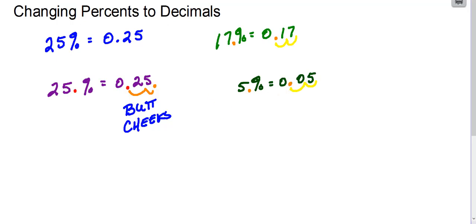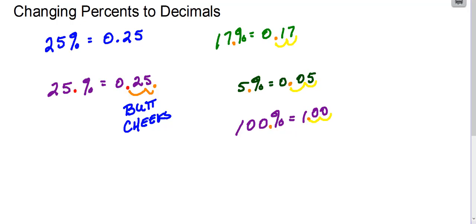If you have a percent bigger than 100%, well, let's just take 100% actually. How much is 100%? Well, it's 1 whole. Decimal point for 1 whole is right there. In our 100%, it was right here. And just like the others, it moved twice.